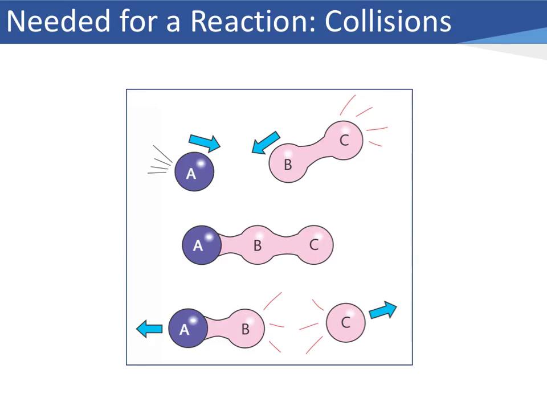So if I think about some generic reaction, A reacting with some molecule BC, so this is A plus BC makes AB plus C, then the collision has to be with A and B. If A collides with the C end of the molecule, it won't make AB. So not only do the particles have to collide, but they have to collide with the proper orientation and enough energy to make the reaction happen.